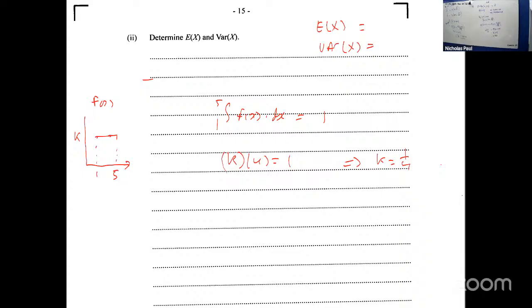E of x is 3. But you got the E of x squared. You found E of x squared, did you?